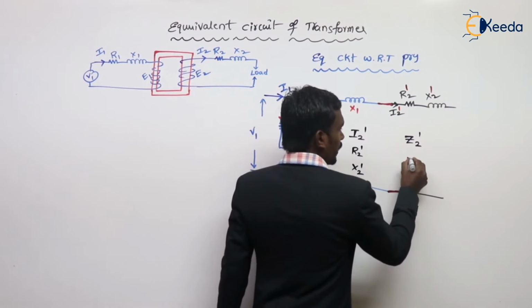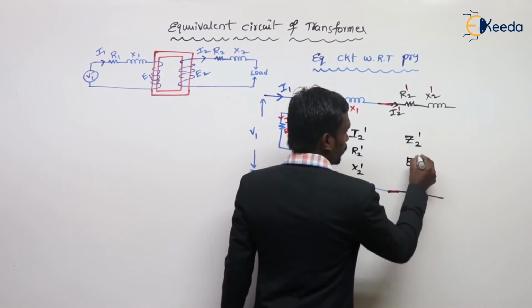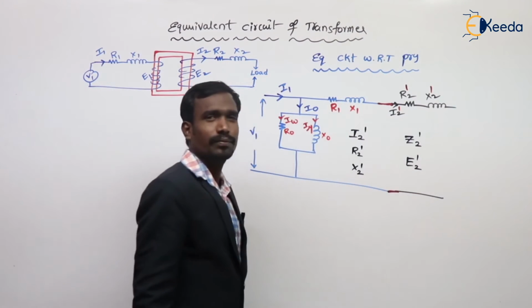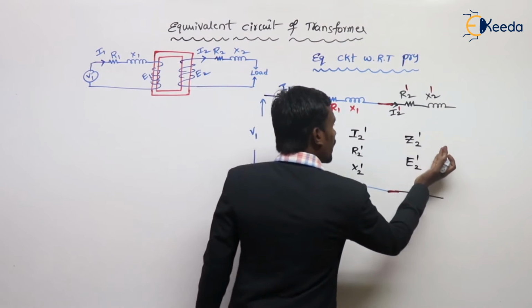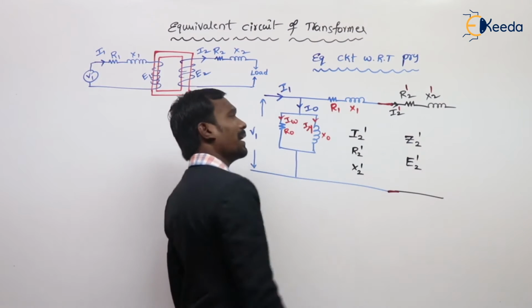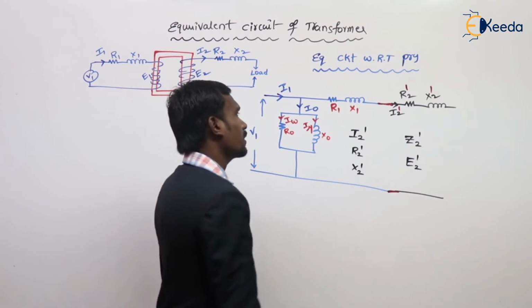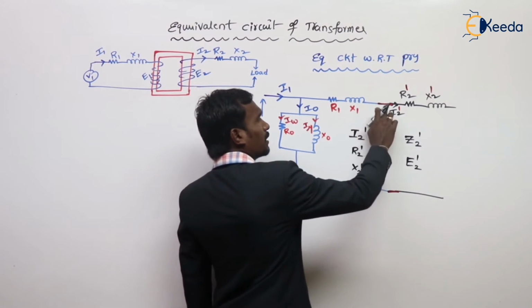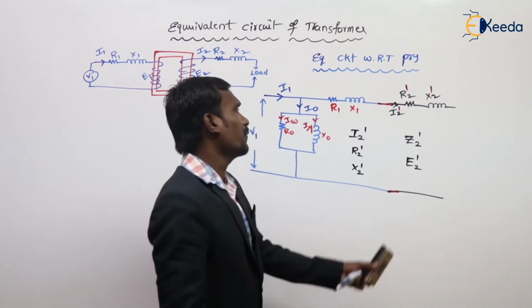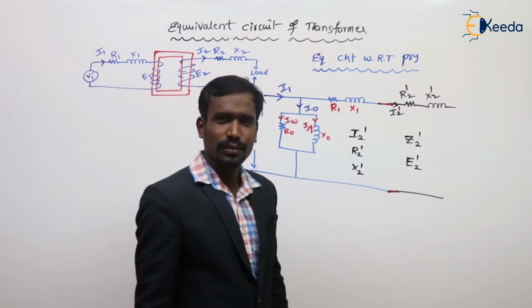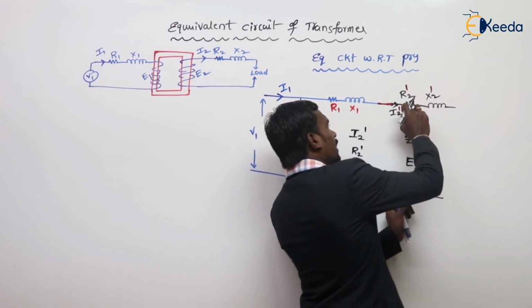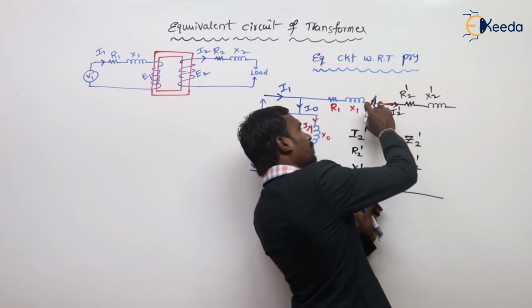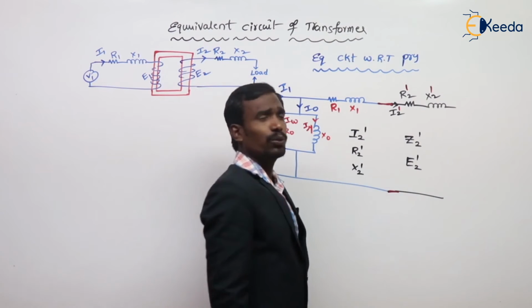Of course, E2 dash is also there. Actually here E1, here E2. The E2 is transferred into the primary, and that is called E2 dash.